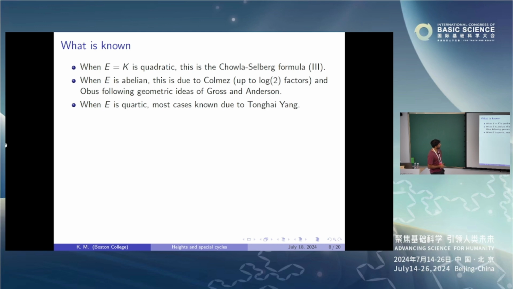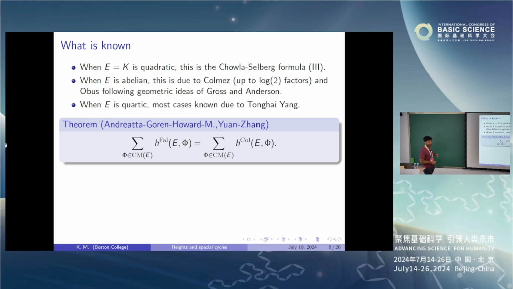But the thing I want to talk about, I guess, the thing I'm supposed to talk about, because this is what the prize was awarded for, is this theorem, which says that Colmez's conjecture is true when averaged over all CM types.